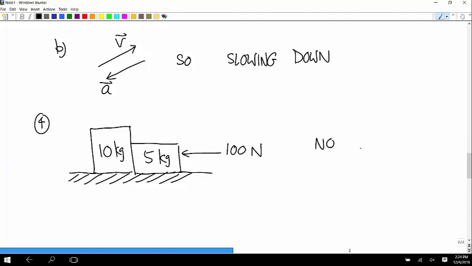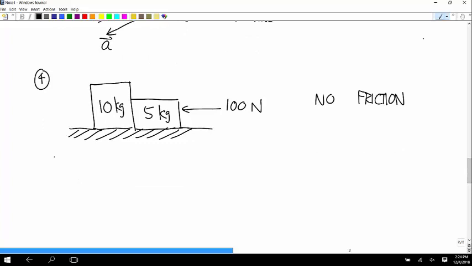There's no friction. The first question is, what's the acceleration vector, the acceleration vector for each box is the same. And then the second question is, what's the force vector on the 10 by the 5?